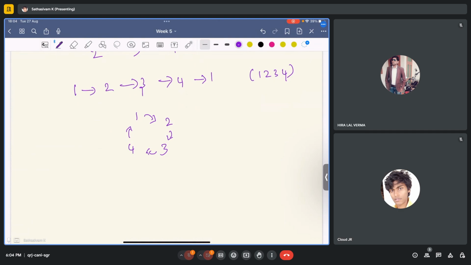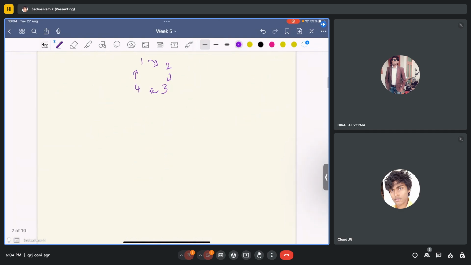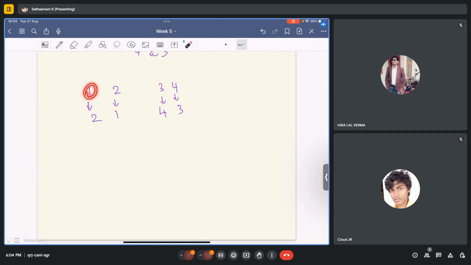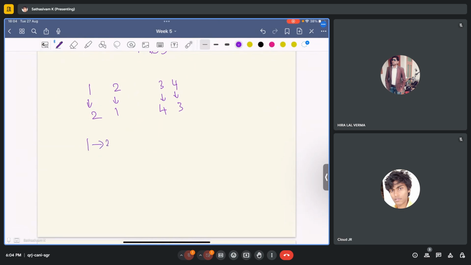Okay. So if you want to draw it, it looks something like this. Similarly, suppose you take another permutation on 1, 2, 3, 4, but here it maps like this. Here 1 goes to 2, but 2 goes back to 1. And 3 goes to 4, and 4 goes back to 3.